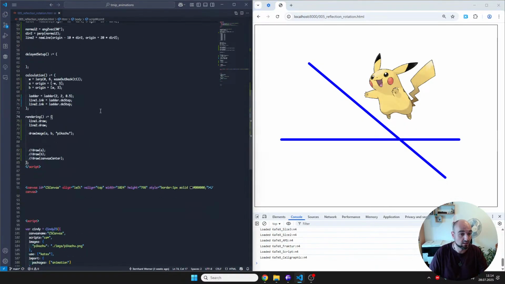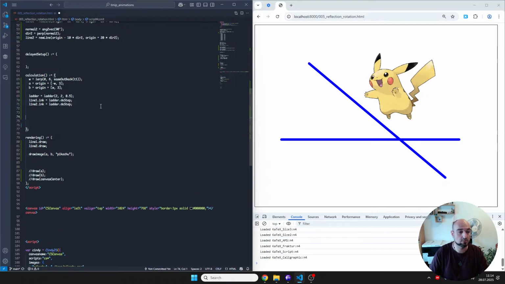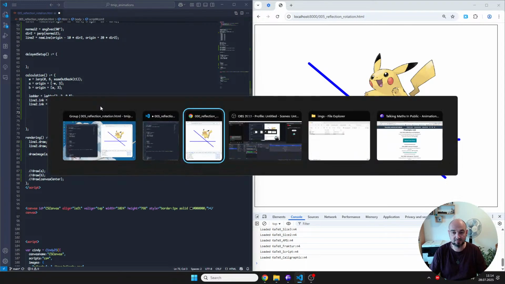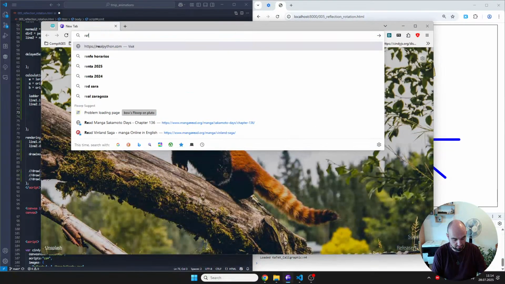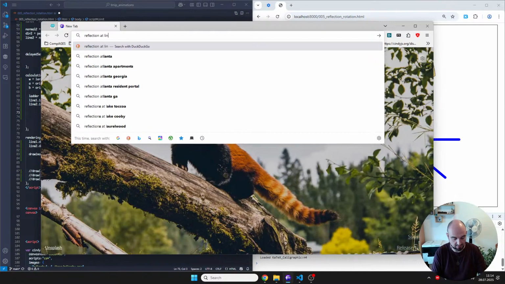Fantastic. So to do the actual motion, I want to move the reference points and then the image should move with it. And for that I need the image points. So let's quickly look up reflection at line.